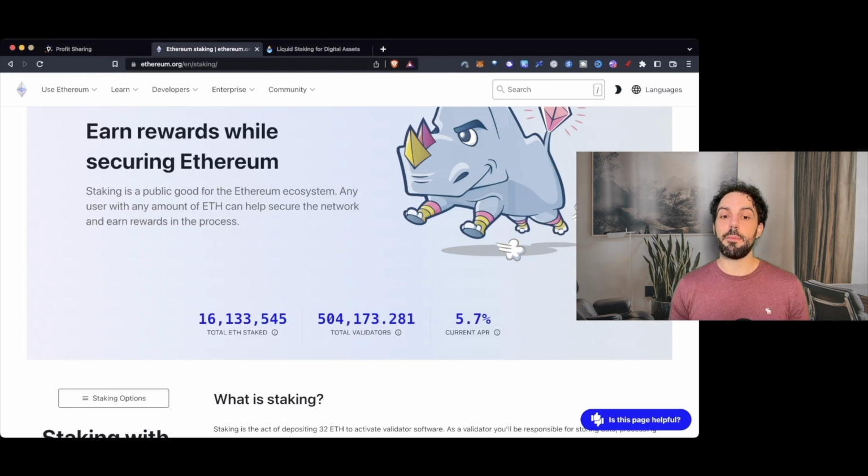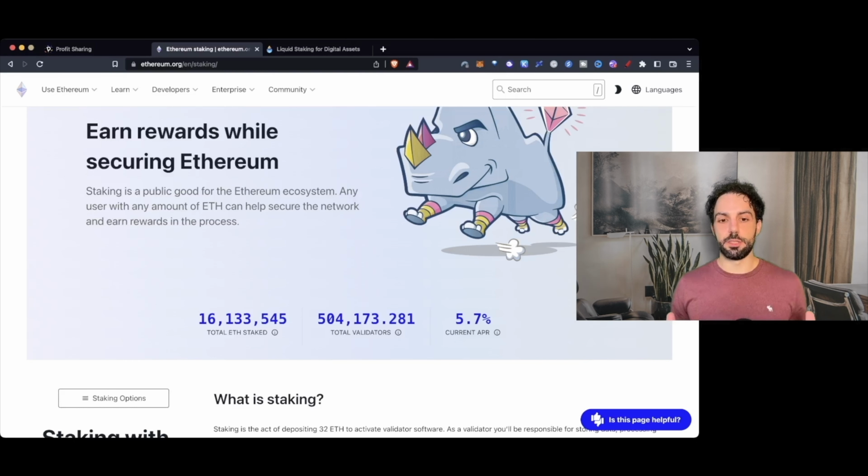Right now, people who have locked into Ethereum through this system still don't know when they will be able to withdraw, and there are people who have been locked in this situation since last year.